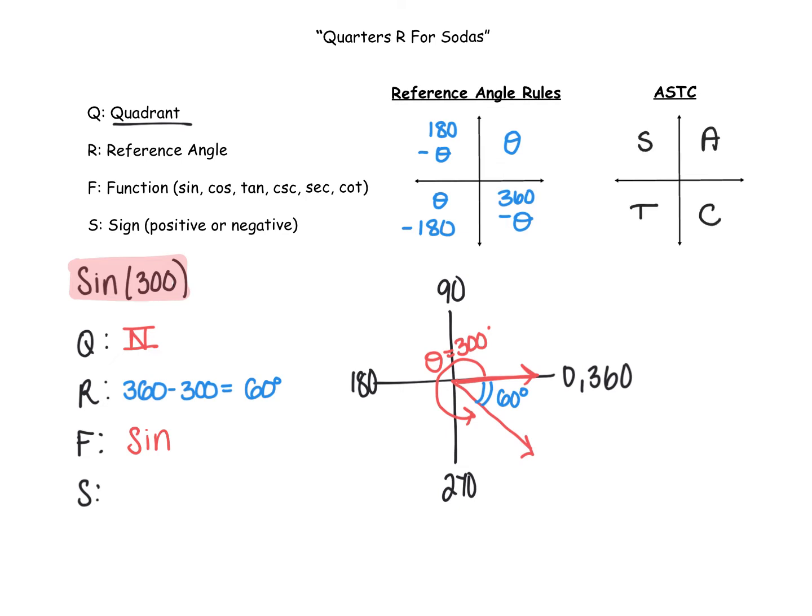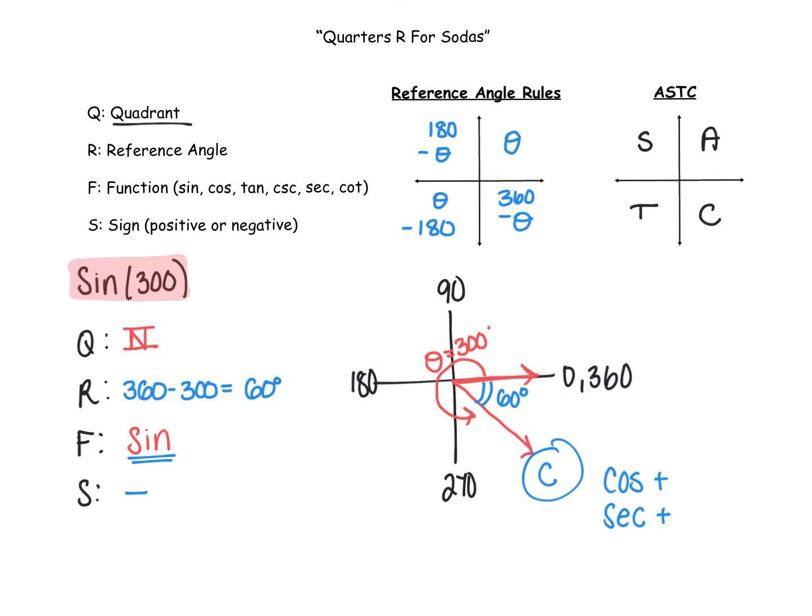So we need to determine where we are in quadrant 4. Since we're in quadrant 4, that's where the C is, that means that cosine is positive as well as its reciprocal, which is secant. Every other function will be negative. So sine is the function we're speaking about, so sine will be negative.